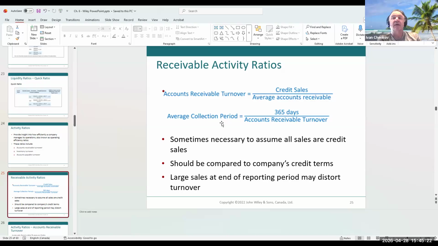Every day we are collecting our credit sales, which is great. So remember, in this case, we're chasing a higher number. A higher number is going to be good for the company. If the accounts receivable turnover is a low number, that means they're not collecting the credit sales too fast.